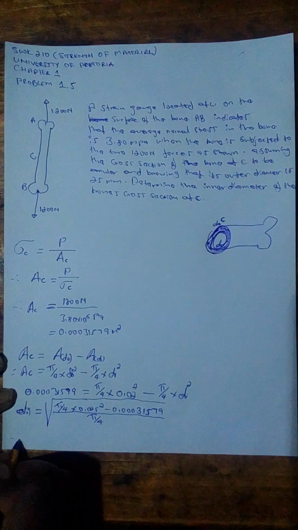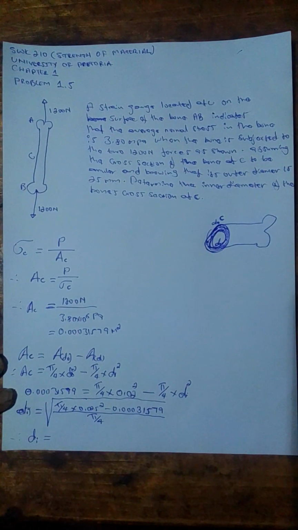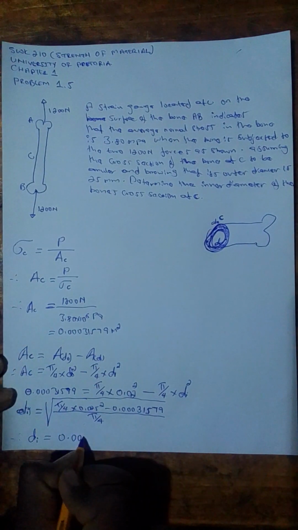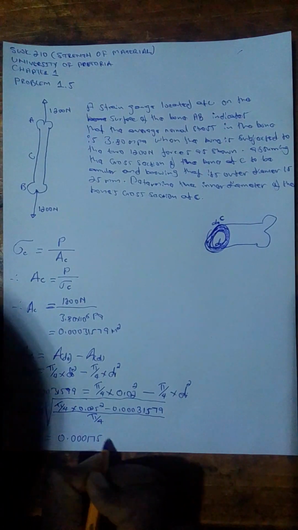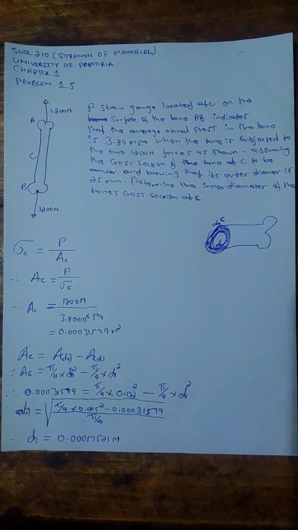So now therefore, our internal diameter, if you use your calculator, then becomes 0.000017521 meters. So this becomes our final answer.